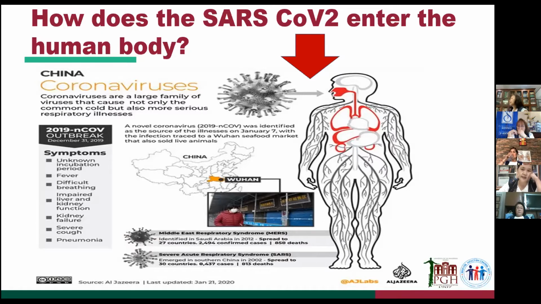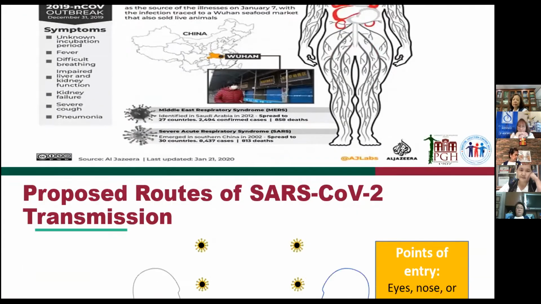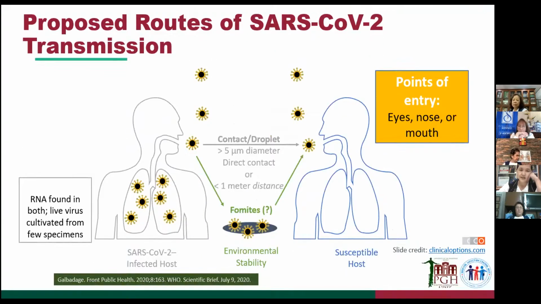No? So mainly through breathing in the respiratory virus. And it's also possible na pwede rin through mucous membranes, kaya tayo naka-face mask, no? Kasi pwede rin siya pumunta sa eyes natin.